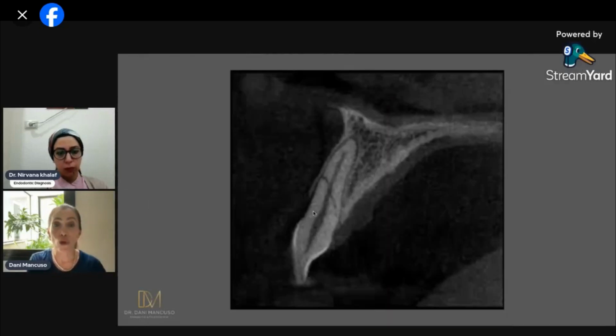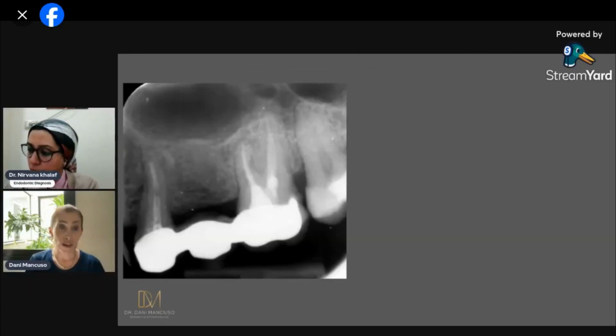Same thing about trauma. When you have a trauma, I told you that you can expect to have radiolucency. However, if it's a trauma, that fracture will come before the infection. And if it comes before the infection, you don't see any bone loss, but you see the fracture line. What about when you have a bridge?